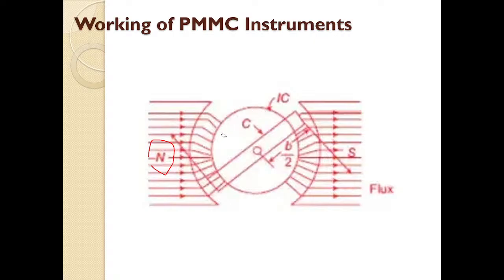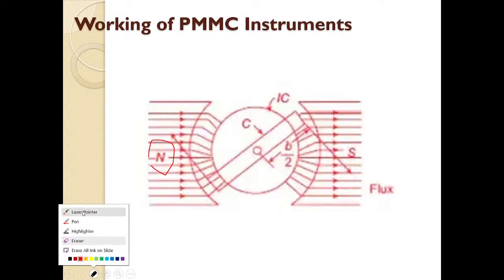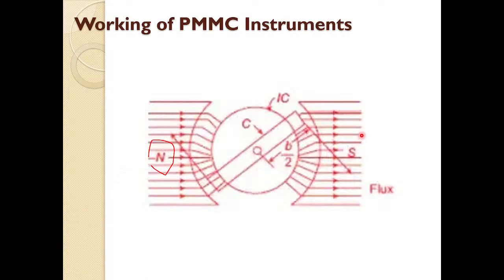This iron core looks like the armature. This is the coil, a rectangular shaped coil, and these are the magnetic flux lines. This circle is the iron core, and this rectangular shape is the moving coil. Okay, so we are looking at the top view of this image.